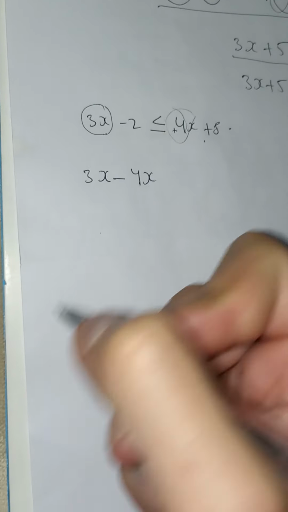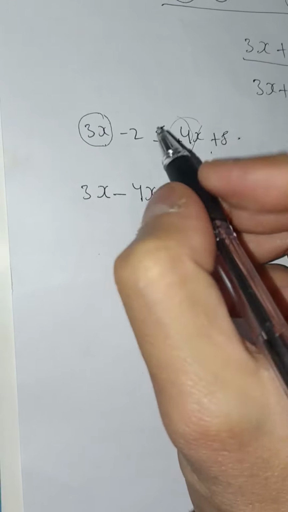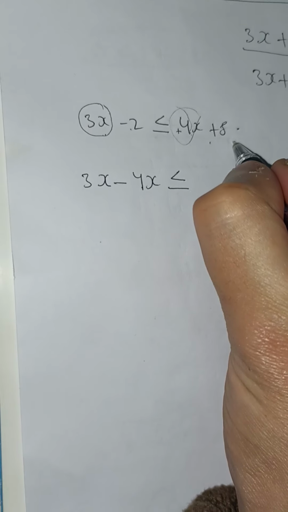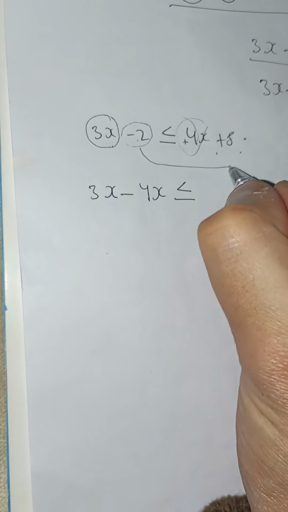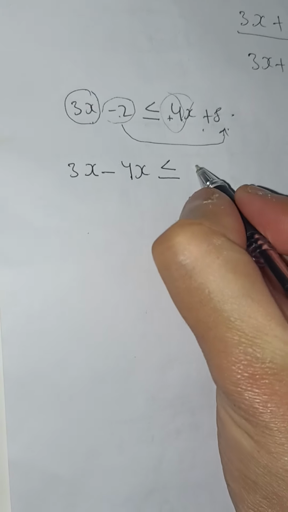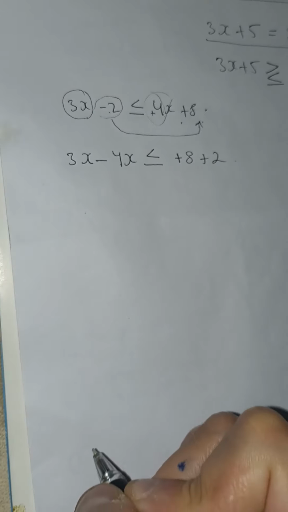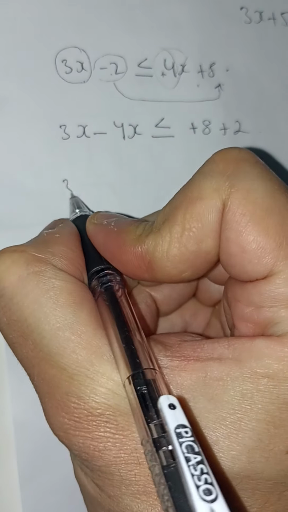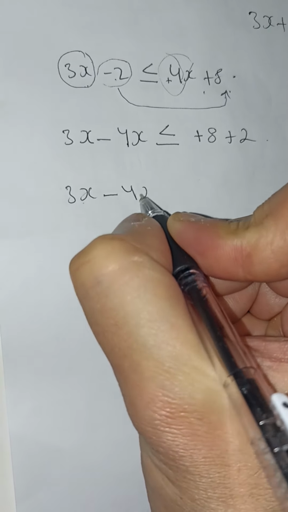Okay, now less than or equal, and shift this minus 2 over here. Here it is minus 2, so when it comes over here, it will be plus 2, plus 8 and plus 2. So 3x minus 4x.